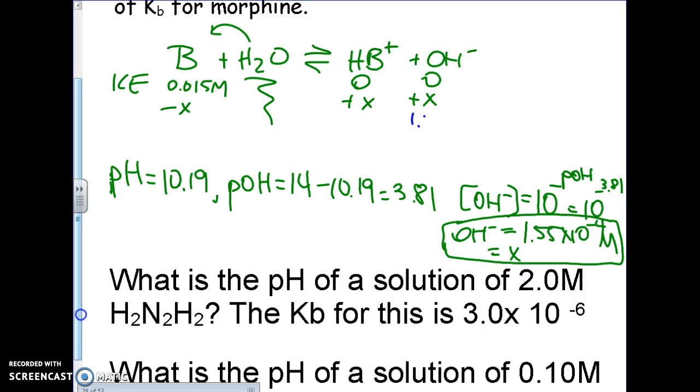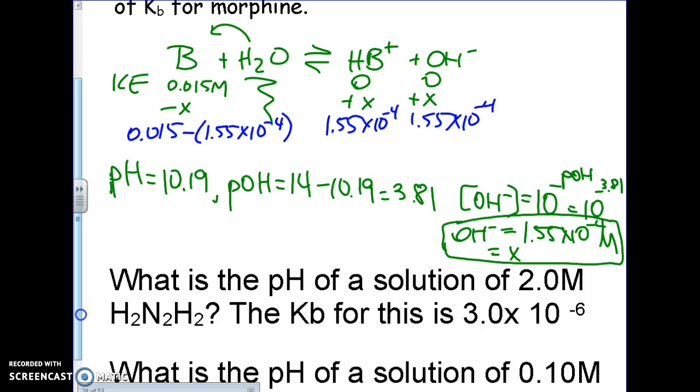So this is 1.55 times 10 to the negative 4th. Again, 1.55 times 10 to the negative 4th. And this would be 0.015 molar minus x at 1.55 times 10 to the negative 4th.